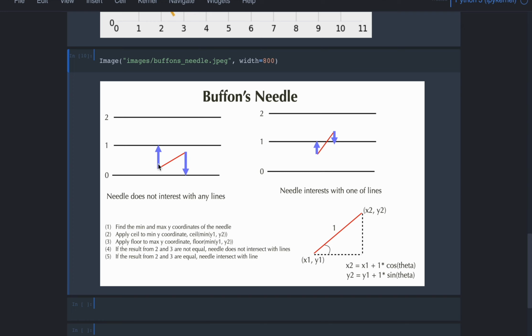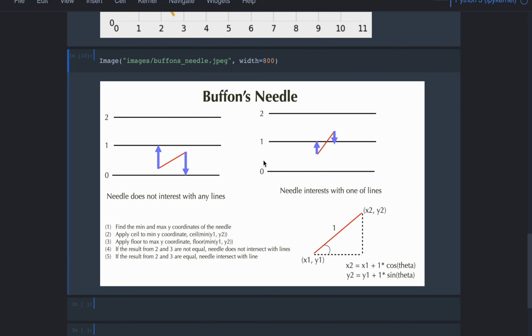So in such a case, the needle does not interact with any of the lines. Whereas in a scenario like this, here again we have y1 smaller, y2 larger. So we apply ceil to y1, which means we computed a new value which is equal to 1, and to y2 we have applied the floor, so the value has become 1.